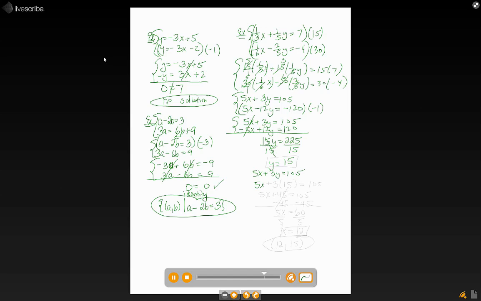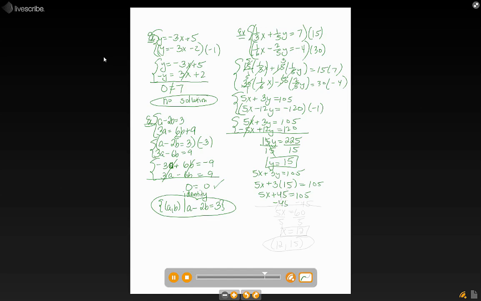I get what? 5x plus 3 times 15 equals 105. So replace y with 15, right? We found out y was 15. Put it in to find x. But you get 5x plus 45 equals 105.